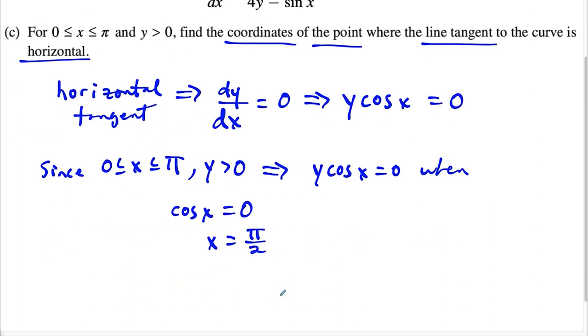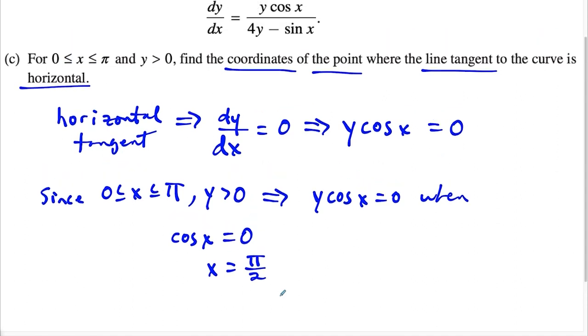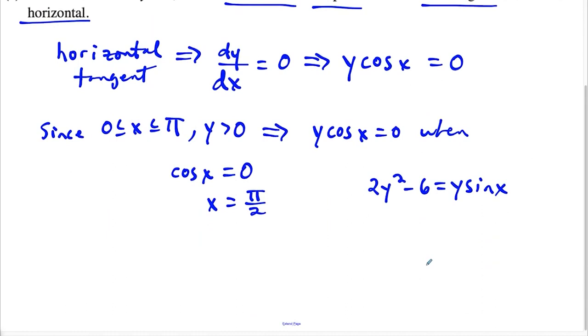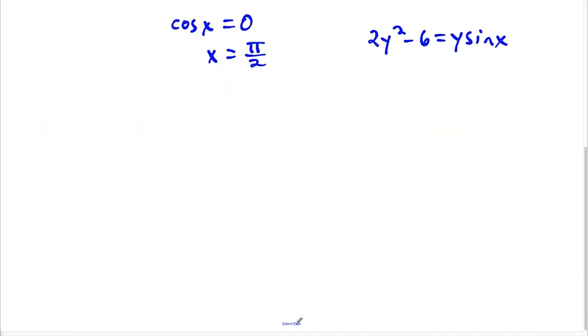So then from here, we want to find the coordinates of the point. So what we could do is go back to the original equation. The original equation was 2y squared minus 6 equals y sine x. Since we have to find the coordinates of the point, we need not only the x, but we also need the y value.